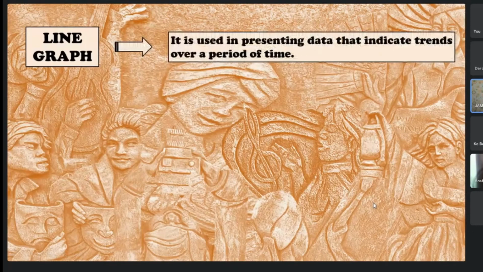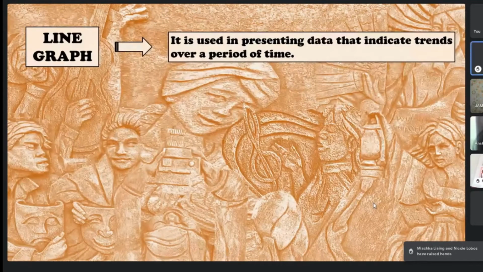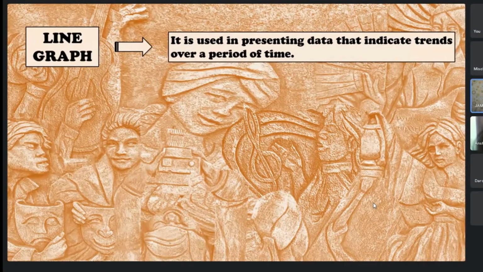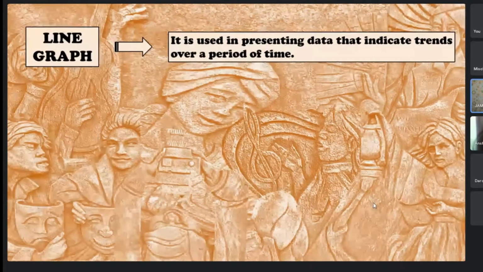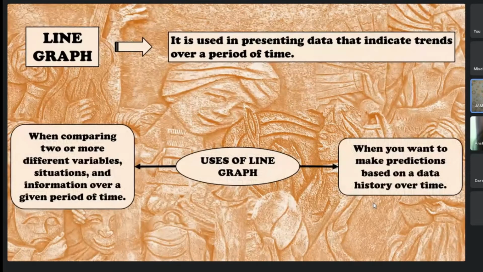So when to use a line graph? Anyone? Kindly read. Yes, Mishka? Line graph. It is used in presenting data that indicate trends over a period of time. Okay, thank you, Mishka. So in a line graph, we present data that indicate trends. When we say trends, it can rise or fall, or rise and fall over a period of time.